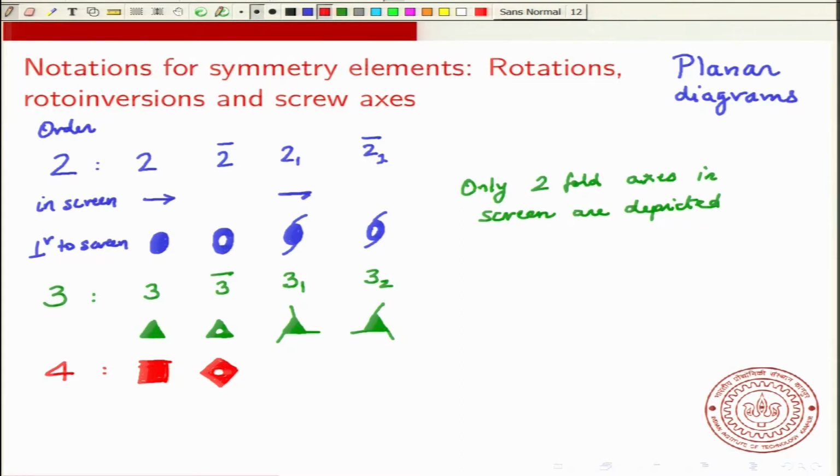I'll just show 4 sub 1. A 4 sub 1 would look like this. Actually, 4 sub 1 is shown like a square that is split, and 4 sub 1 is shown this way.